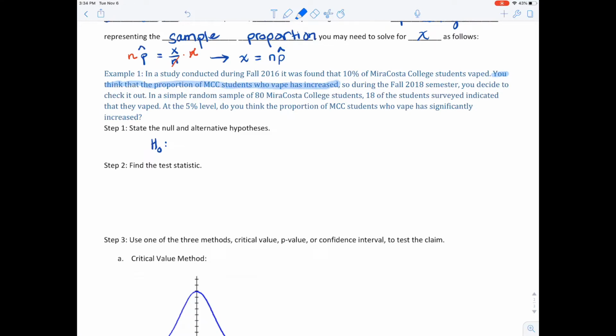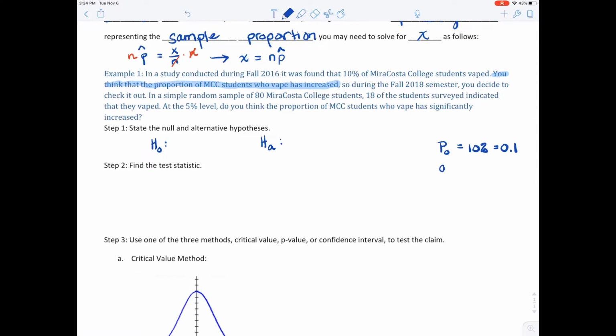Sometimes it's easier to start with your alternative hypothesis. The A stands for alternative. You'll see this sometimes as H1 or H subcapital A. We think that this proportion has increased. So this P0 in the problem is going to be what? Awesome. The 10%, which is equal to 0.1.